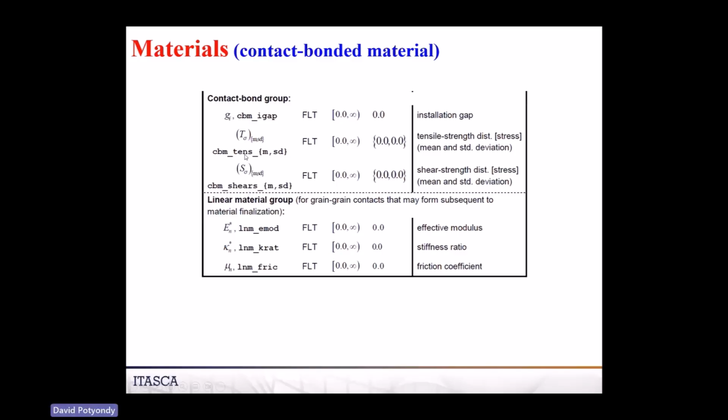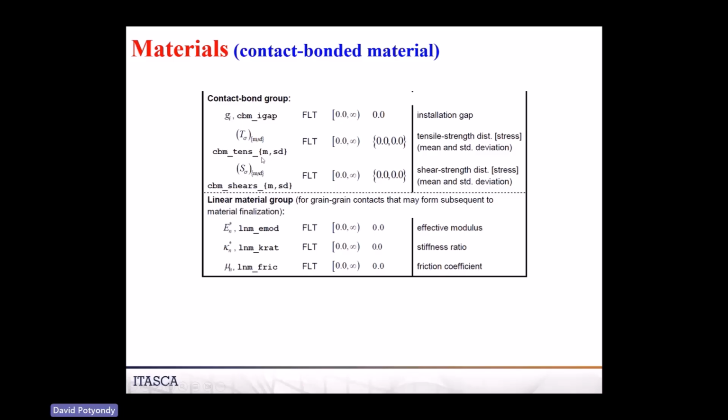That's all that it has. And the tensile strength and shear strength are going to satisfy a normal distribution, and you're giving a mean and a standard deviation for these things. Okay, that's what it's expecting here. Tensile strength mean, tensile strength standard deviation. This means there's 2 different FISH variable names. That's what the braces mean.